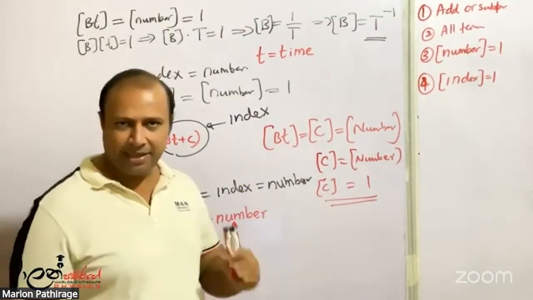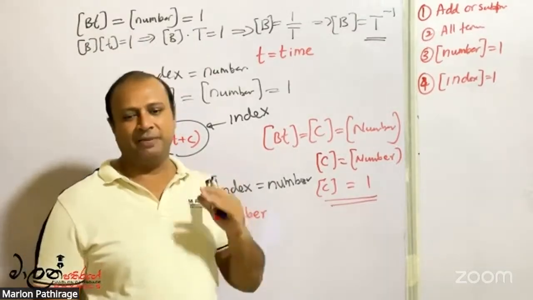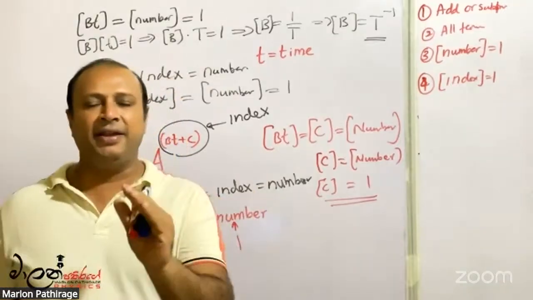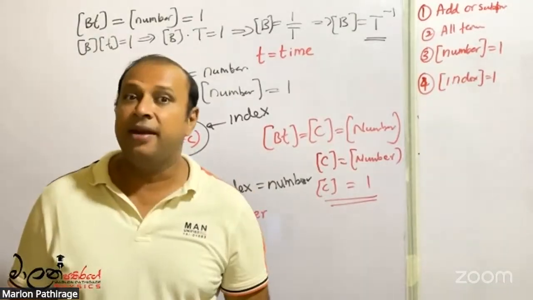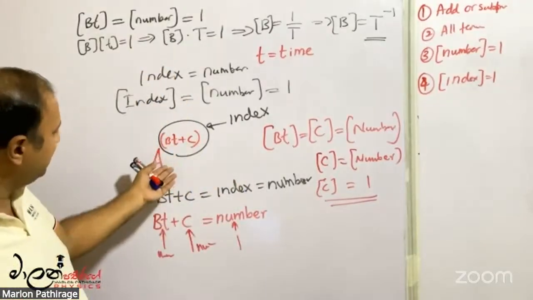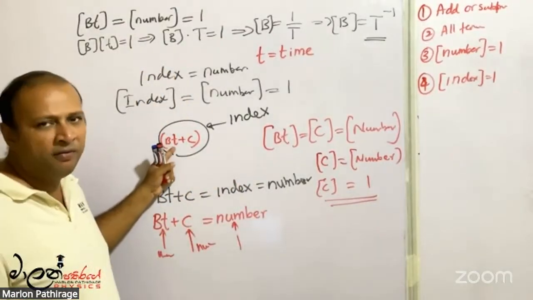Now we are going to do the second application, which is finding the dimension of an unknown physical quantity in an equation. It is something like this. Here B is an unknown physical quantity.